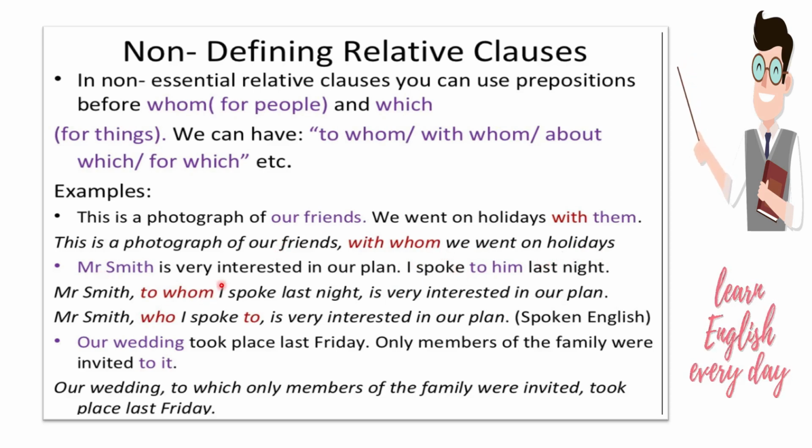Mr. Smith is very interested in our plan. Full stop, that is one sentence. I spoke to him last night. This is the second sentence. So the two sentences can be combined or joined into a non-defining relative clause: Mr. Smith, comma, to whom I spoke last night, comma, is very interested in our plan, because to whom I spoke last night is just extra information and it is not quite necessary.